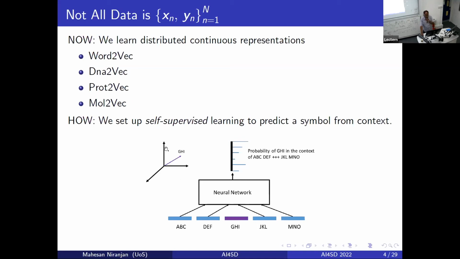So in a 100-dimensional space, GHI, this 3 amino acid thing, becomes a vector. Similarly, any 3 amino acid combination becomes a vector because I have set up a learning problem in which context goes as input, and the thing sitting there becomes the output. And what is a representation internally that gives me that prediction correctly?